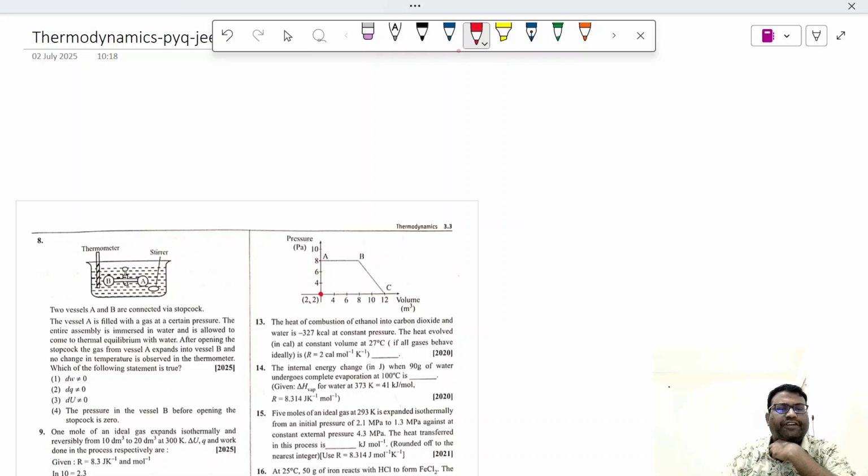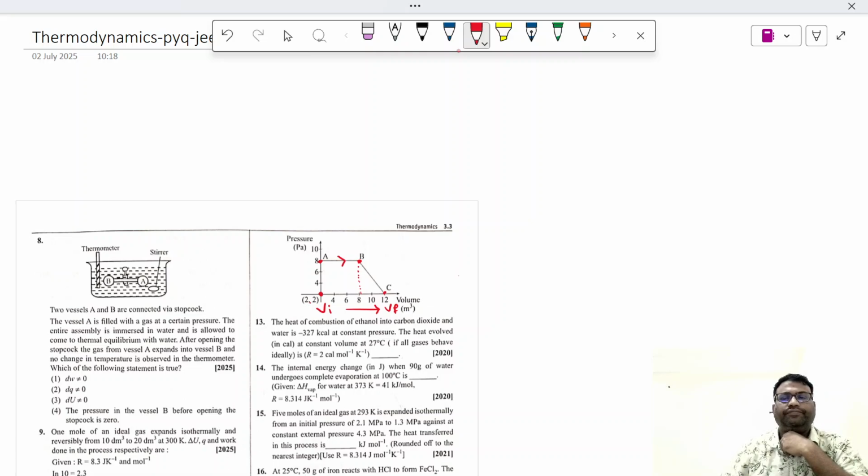Here at a pressure of 8, it has undergone a process from A to B, and after that a process from B to C. At B it will be 8. So overall this is the initial volume, this is the final volume. Volume has increased. When volume is increased, we say that it is expansion. Expansion work is negative actually. Okay.